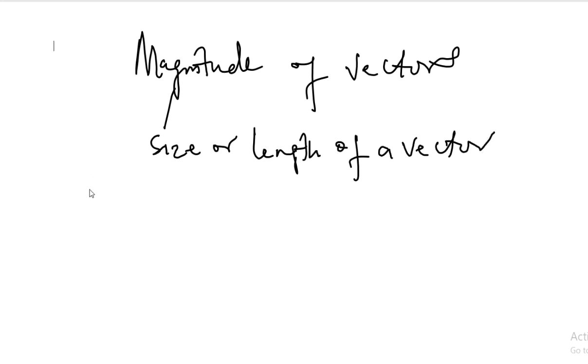Of course, we know a vector can be a line vector, it can be a surface vector, or it can be a vector in space. A line vector could be represented as this. If this is a vector A, it could be represented with one unit vector.